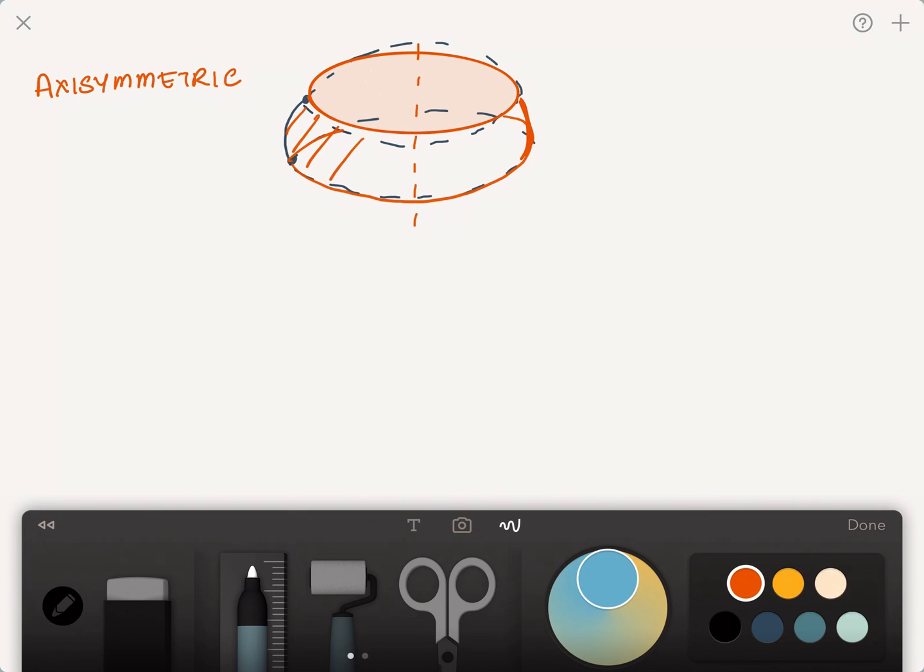And this is basically the structure that we want to form completely. But this happens to be a one-dimensional axisymmetric element.